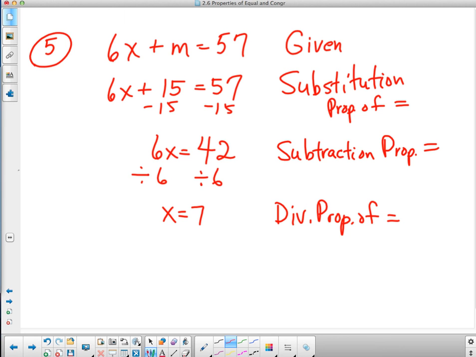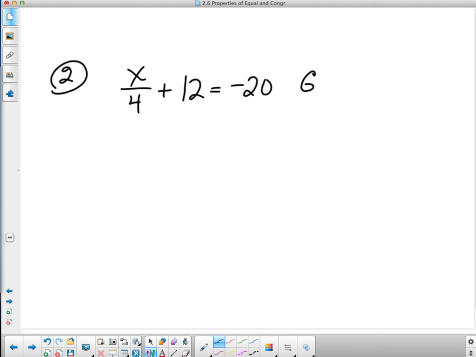For the one that you're asking about, number 2, did you figure out what to do? You've got x over 4 plus 12 equals negative 20. That was given. Multiply by 4 on both sides? Don't multiply by 4 yet. You have to subtract 12. Let's subtract the 12 from each side. So x over 4 equals negative 32.